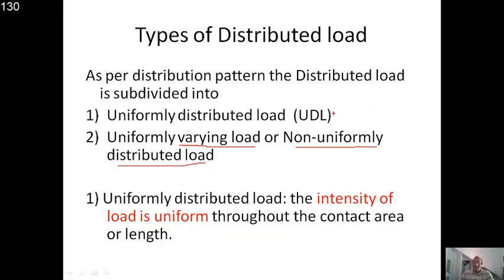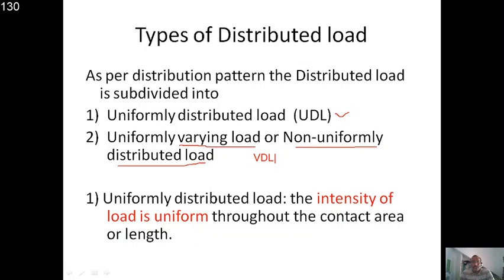So either one is UDL or the other one is varying distributed load. So this is the classification of a distributed load.